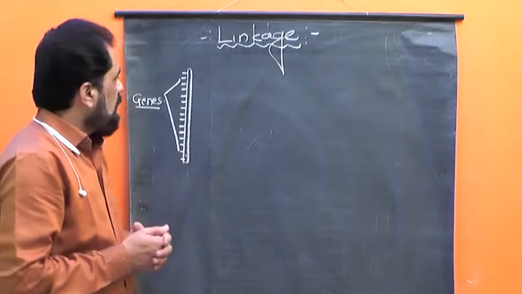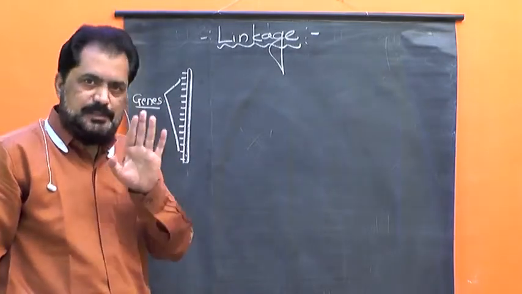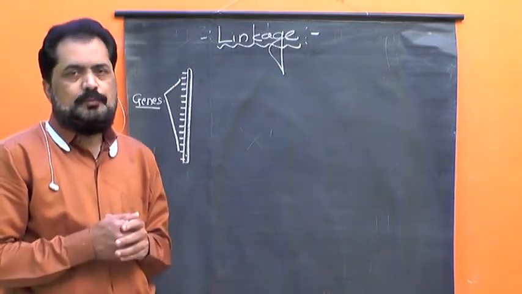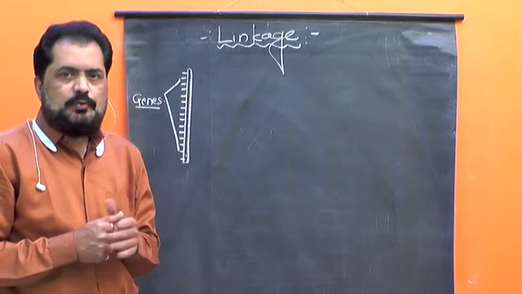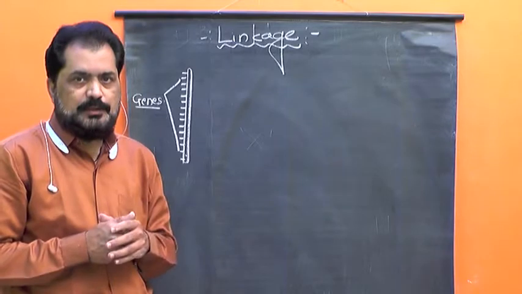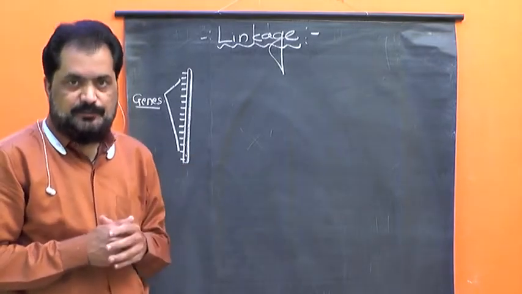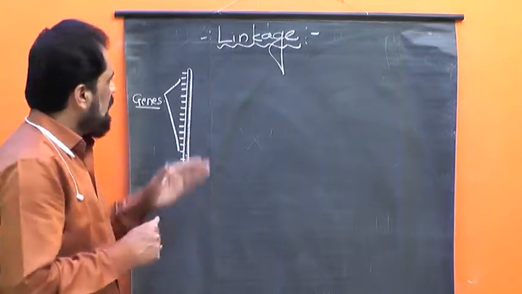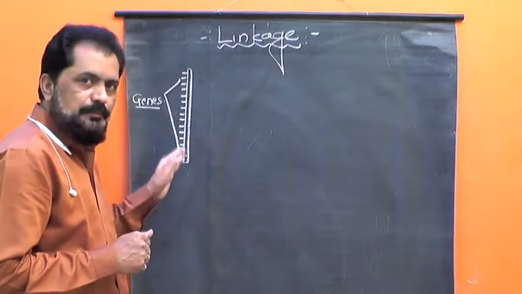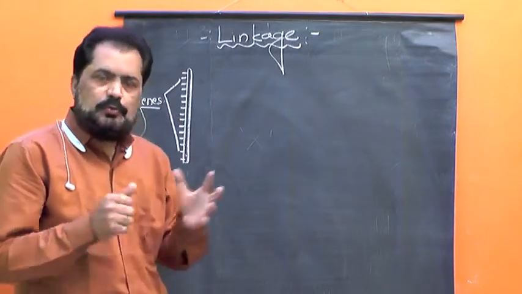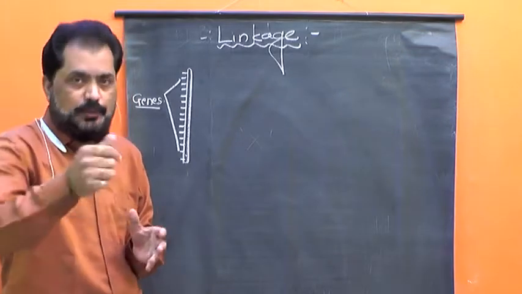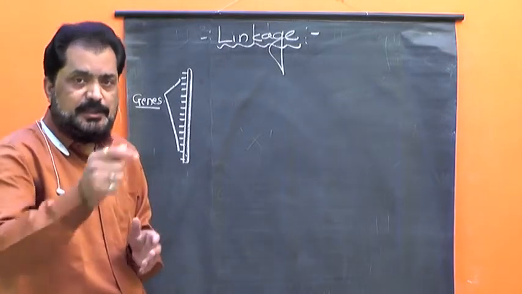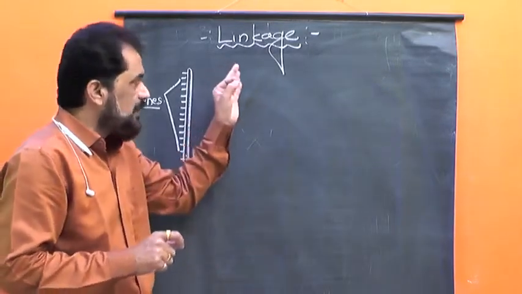Now, the genes present on the same chromosome show the tendency to remain together during inheritance, that is during hereditary transmission. Listen once again. The tendency of genes present on the same chromosome to remain together and inherit together during the hereditary transmission is known as linkage.